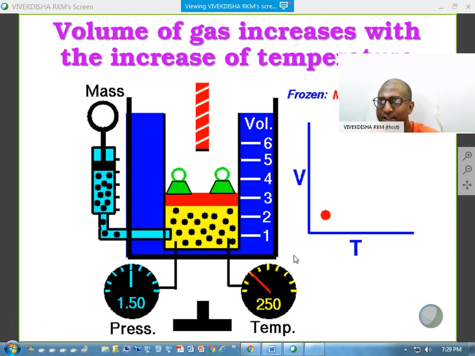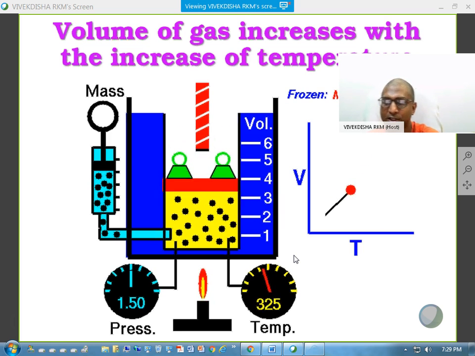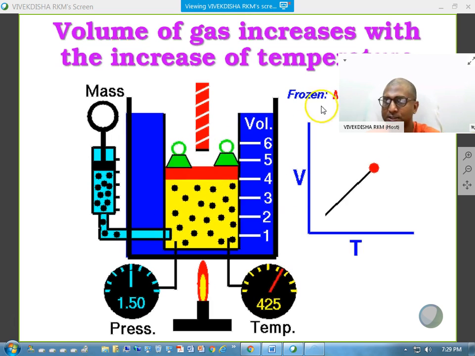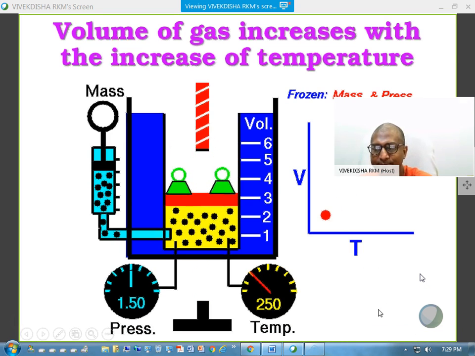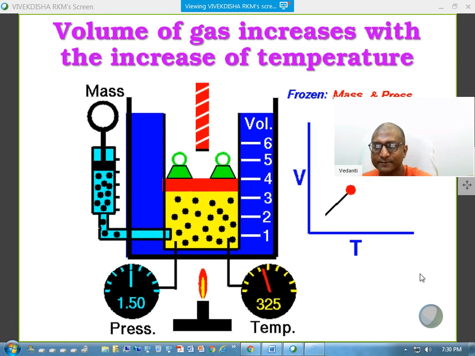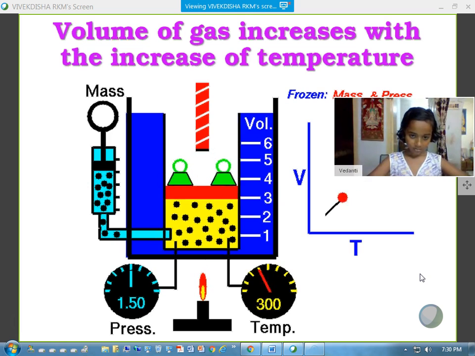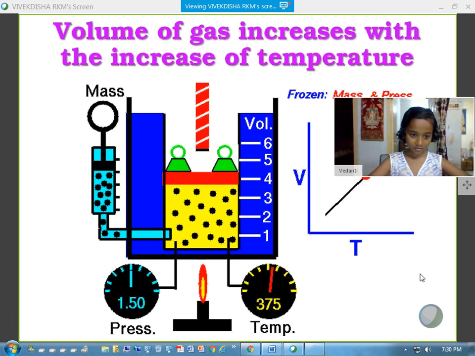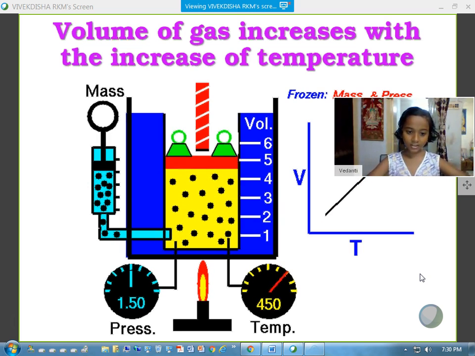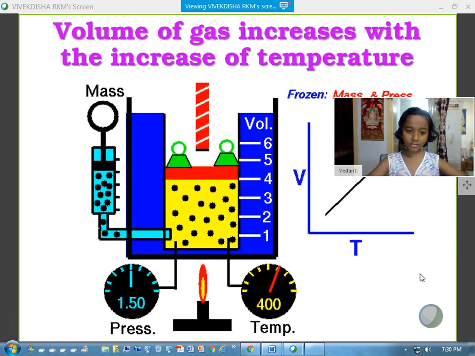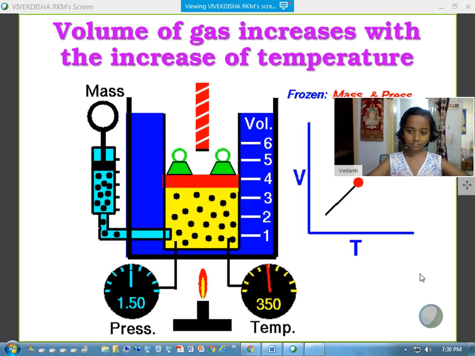Now one thing, check this one and Vedanti, answer it. What is the animation showing us? What is the thing we can observe from here? Something is heated, and the temperature is going up and down.